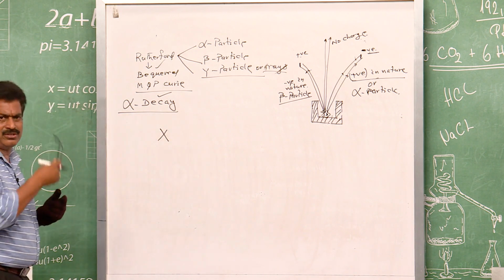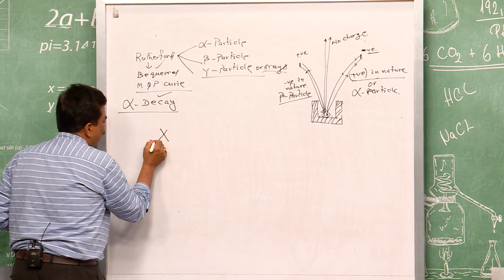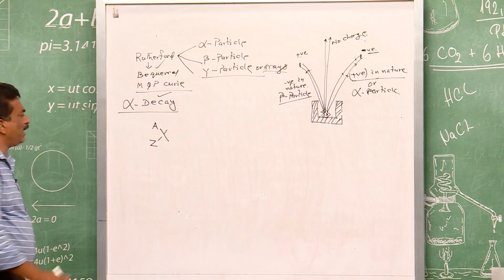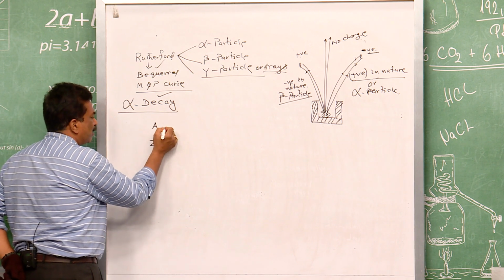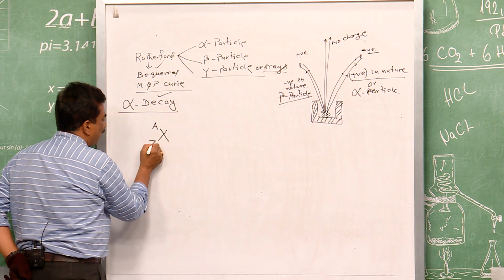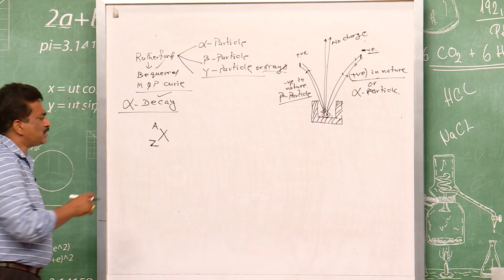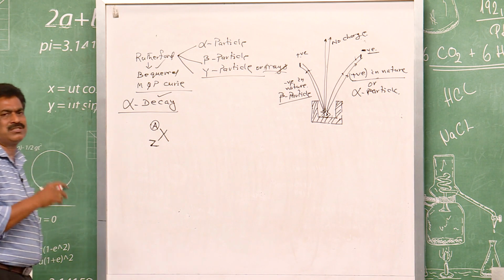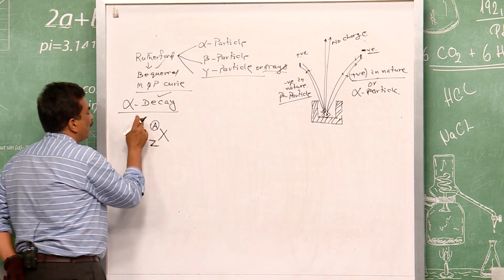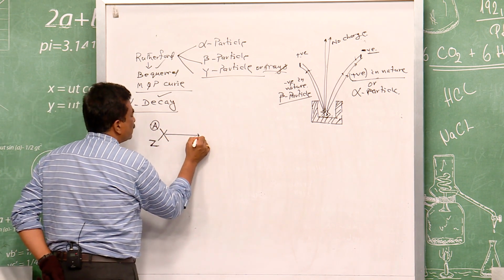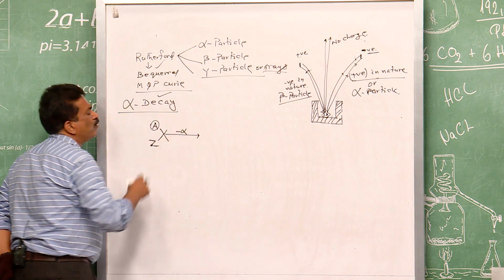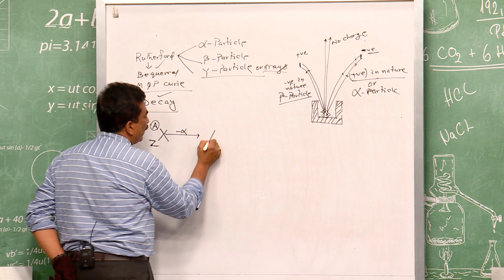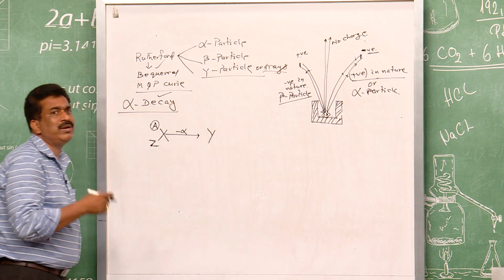Suppose the nucleus is X, and as we know, for its representation, X is the element which has atomic number Z, meaning the number of protons, and A is its mass number, the protons and neutrons together. When an alpha particle disintegrates from it, it gives a new nucleus.